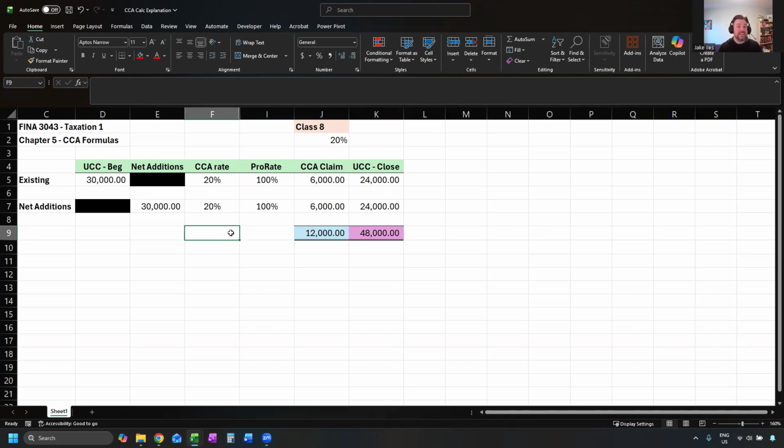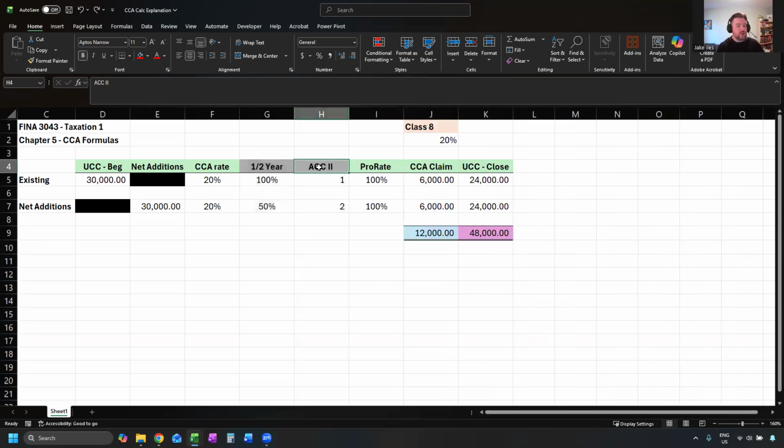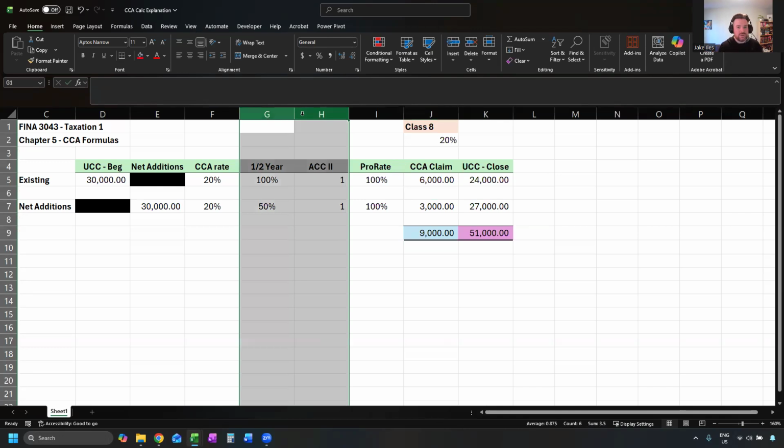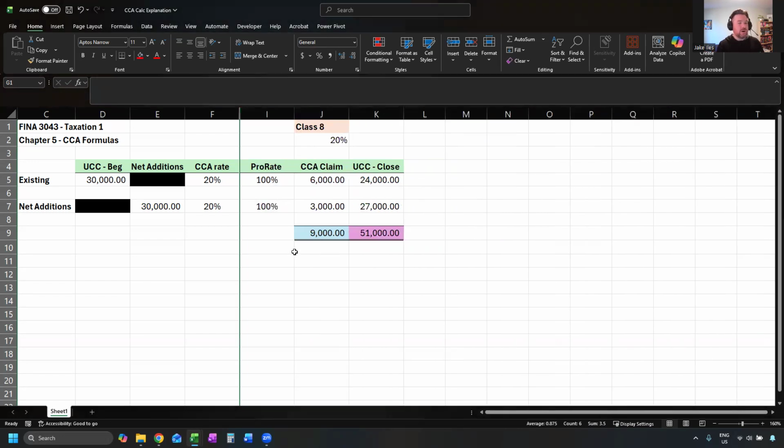I still need to teach you the half year rule because this accelerated incentive goes away after 2027. So in a couple years, that's going to go back to 1. The half year rule will continue to apply. I think this is what's tripping students up. So lucky for you, right now this calculation is the easiest it has ever been because you can almost ignore those rules for the purpose of calculation.